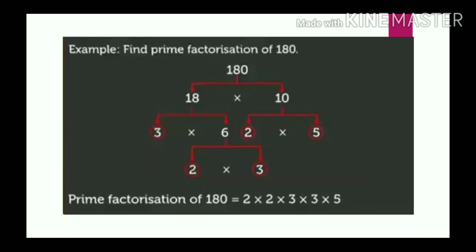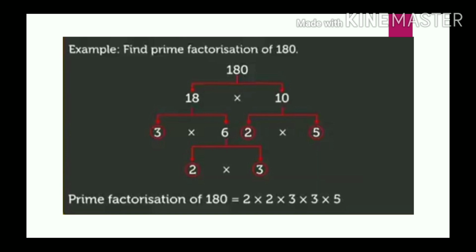Let's see with an example. Find the prime factorization of 180, which is the same as the previous one. Now we have to do this with the factor tree method. So first we divide 180 into a two-factor product form, 18 into 10.